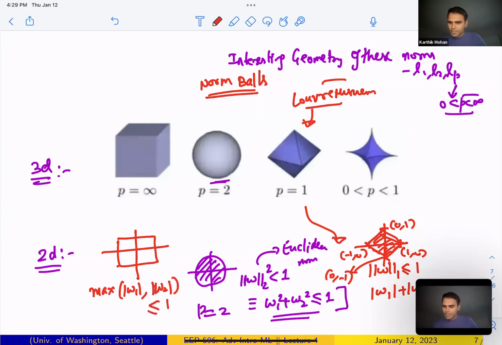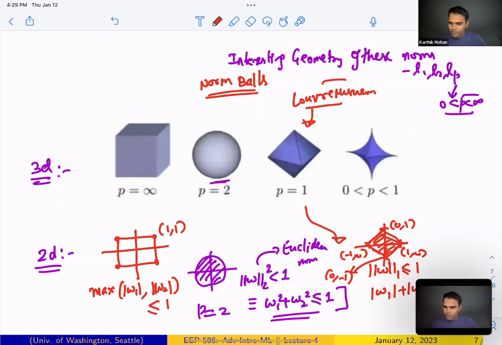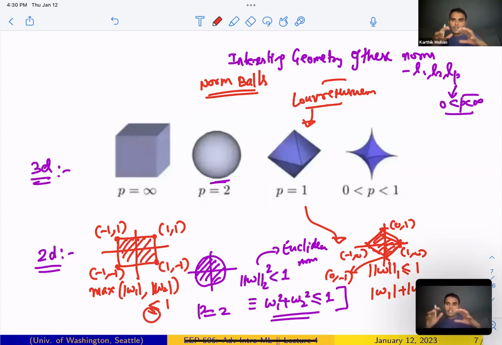Again, let's look at the corners: (1, 1), (-1, 1), (-1, -1), and (1, -1). The maximum of the absolute values at the edges is equal to 1. So that tells you these are the edges, and the inequality is anything inside that. So the infinity norm ball looks like a square. In 3 dimensions, that's a cube.